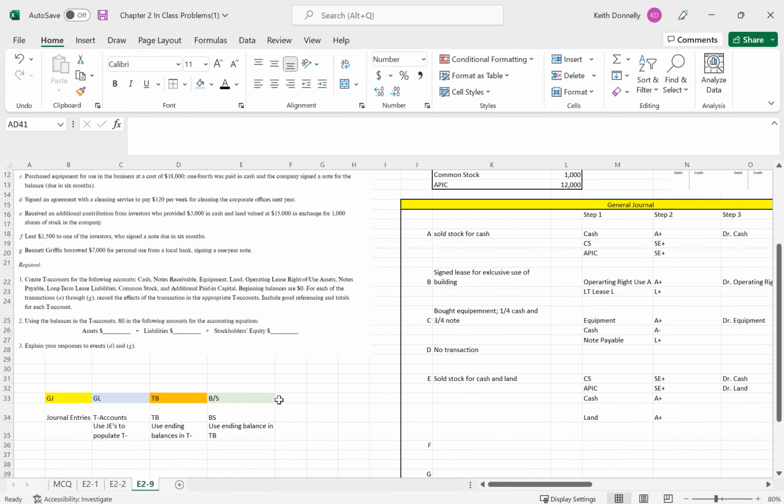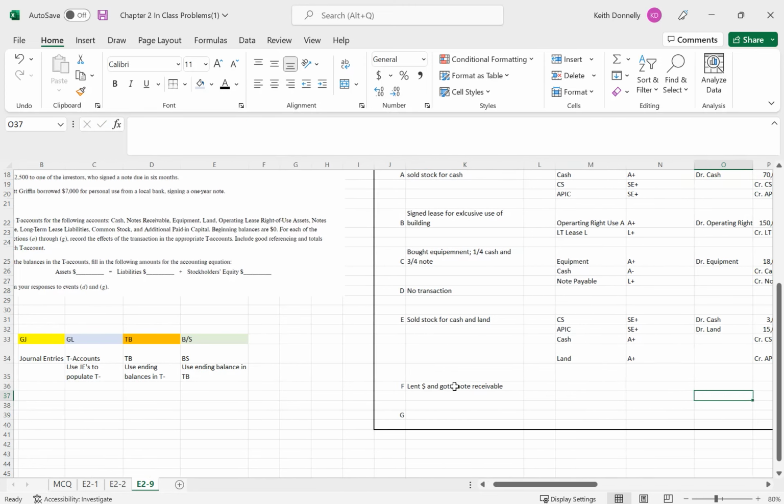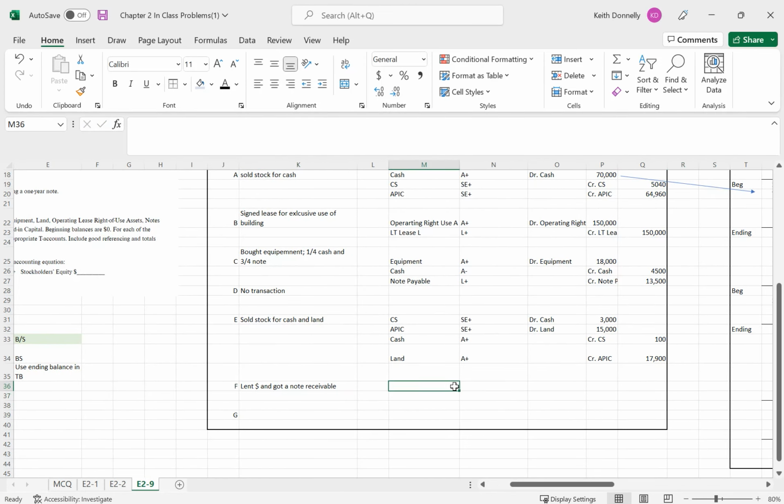Let's look at F. F says we lent $2,500 to someone who signed a note due in 6 months. So basically we lent money and got a note receivable, right? Now the person we lent money to, that is to say the borrower, they have a note payable. We, in distinction, have a note receivable, right?